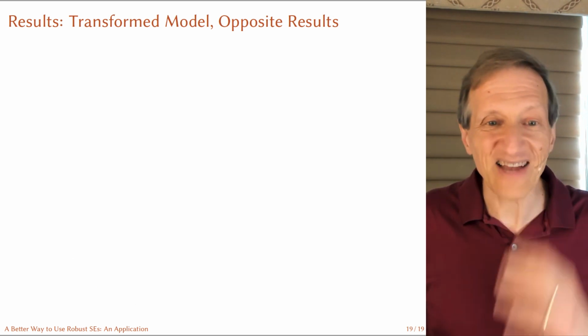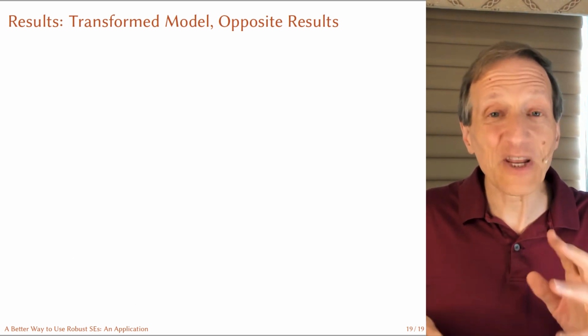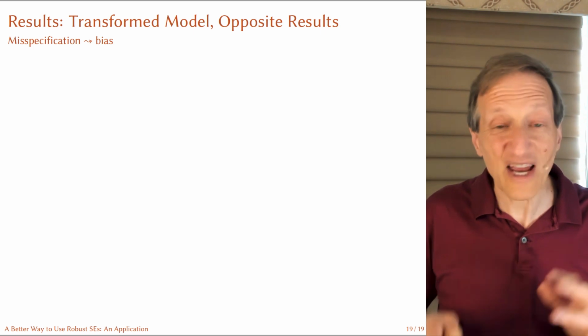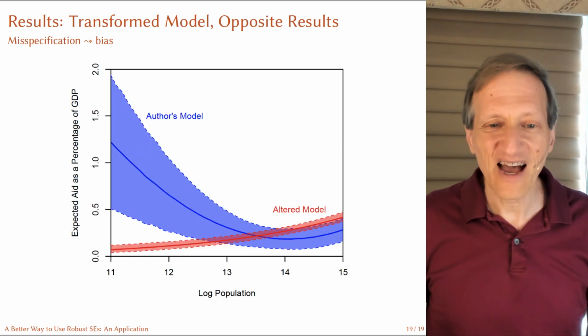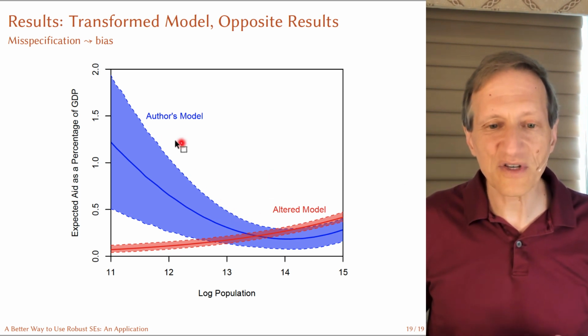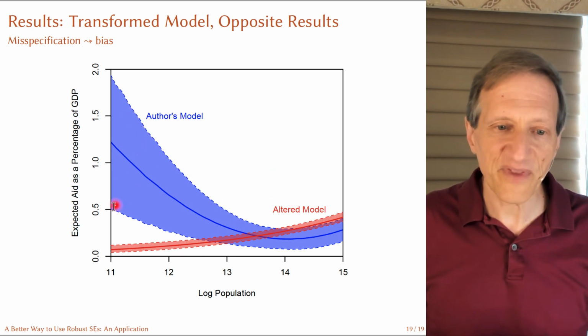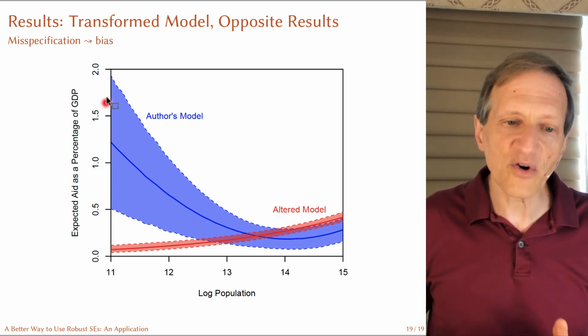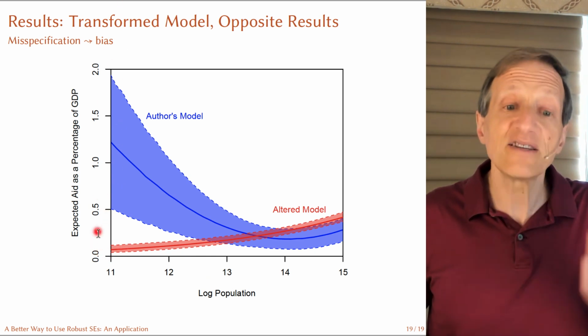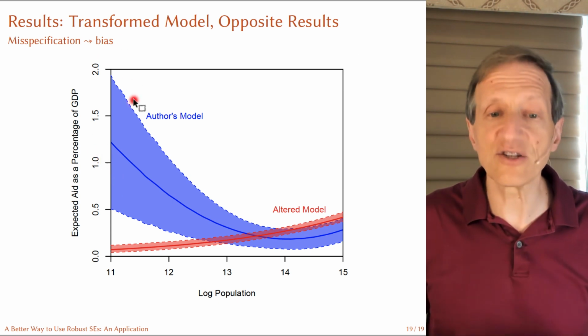Okay, last slide. I want to give you some results, which actually completely change the substantive results in an interesting case. The author's model shows that log population, well, let's see, the horizontal axis here is log population. The vertical axis is the expected aid that you would get as a percentage of GDP.